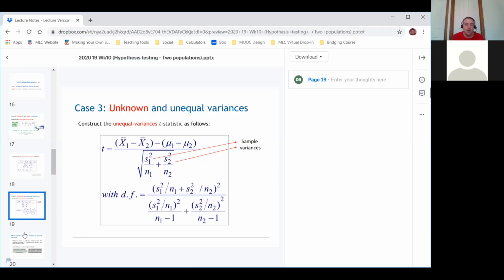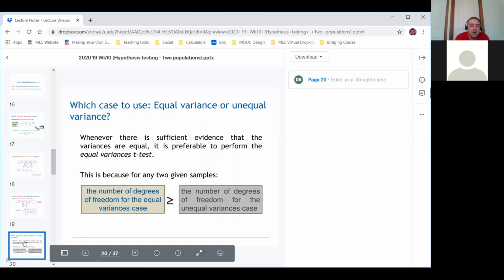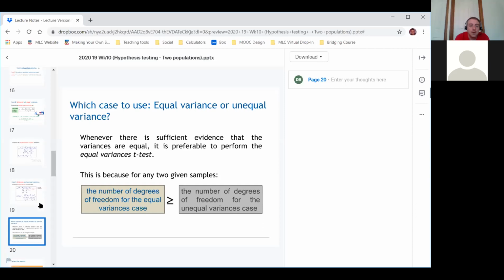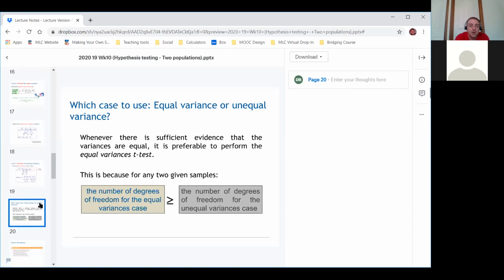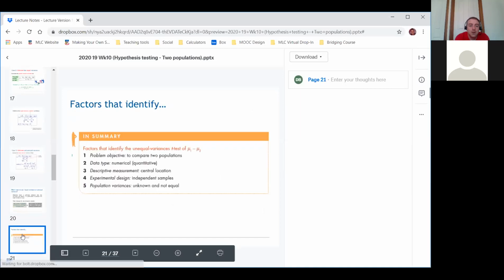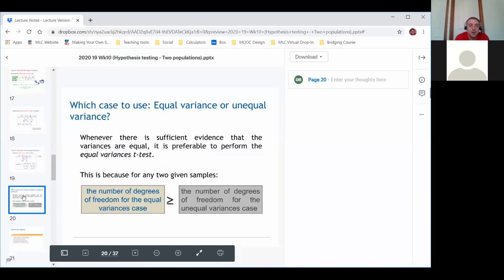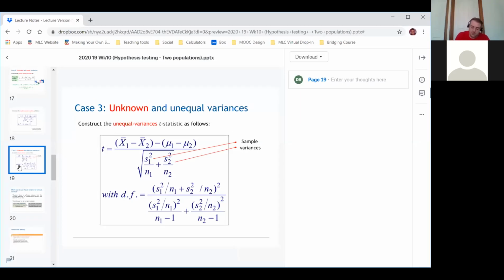Wow, that's a wicked formula. That is complicated.